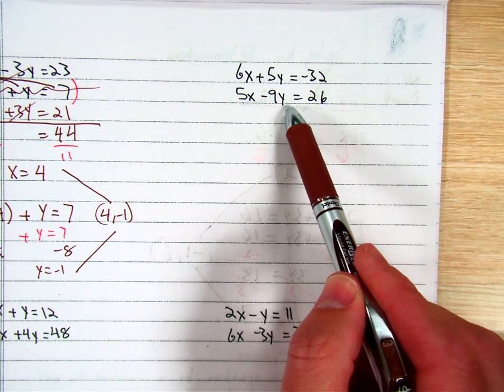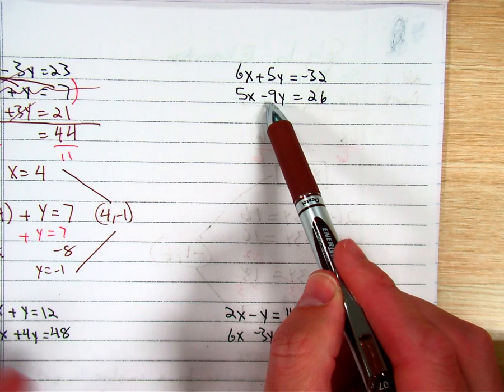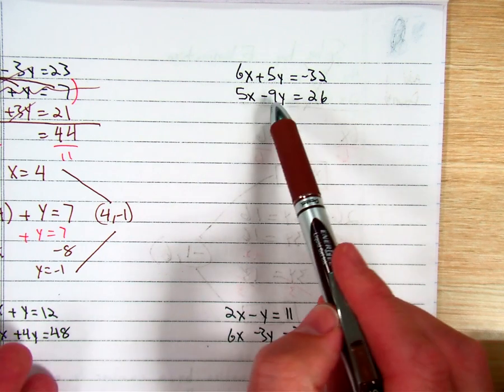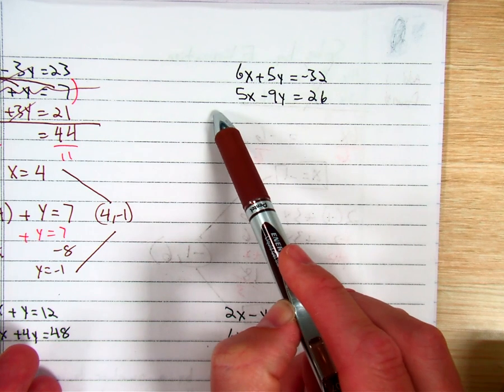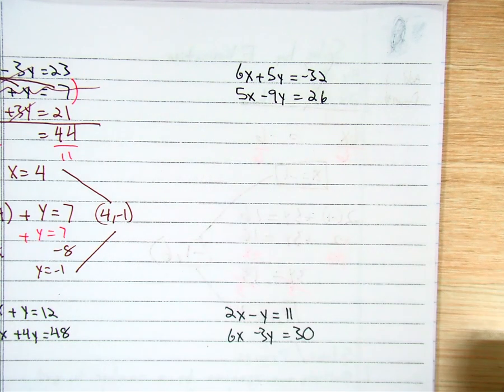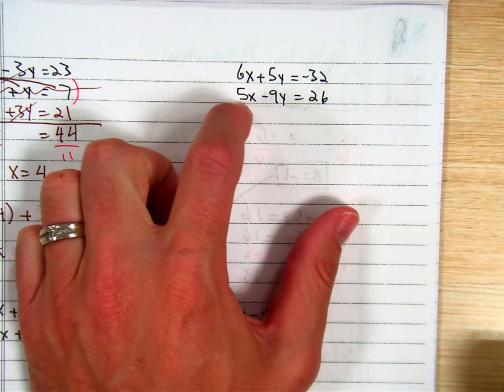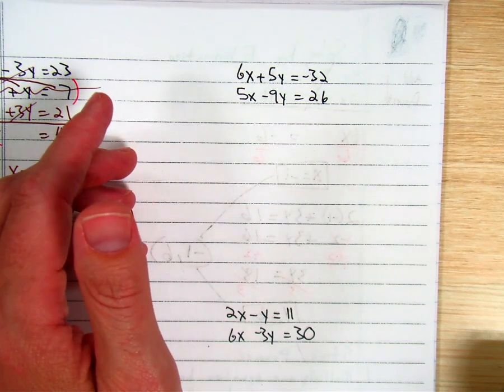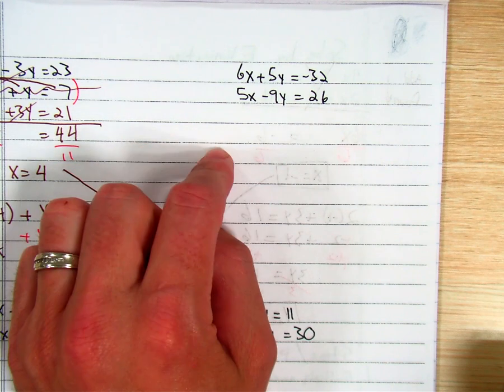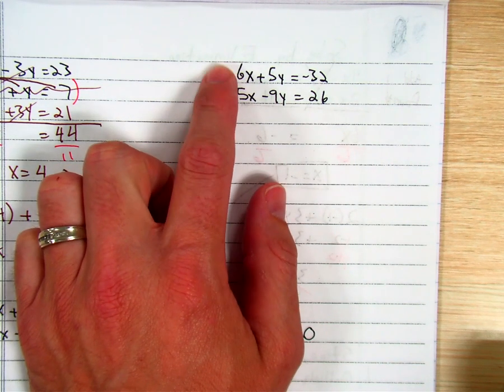For the y's, they're already plus minus, so we don't have to worry about any negatives. And you would multiply the top row by 9 and the bottom row by 5. So we have some choices to make. 5 and 6 is smaller than 5 and 9, and you'd have slightly smaller numbers to work with, but you would need to make one of them be a negative.